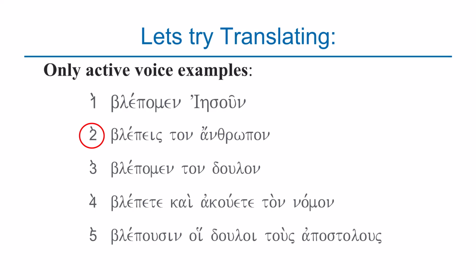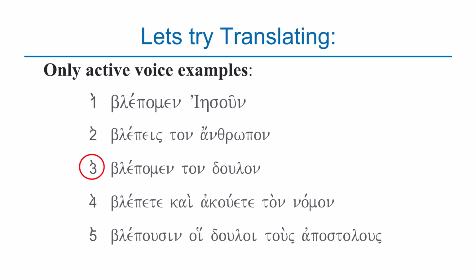So the translation for anthropon is man. You have blepeis, which means you are seeing, then the definite article, then man at the end. So the translation is, you are seeing the man, or in other words, you see the man. It's still in the present tense.